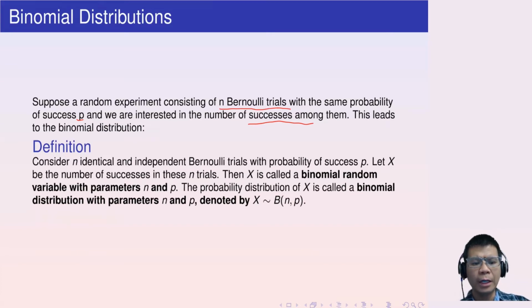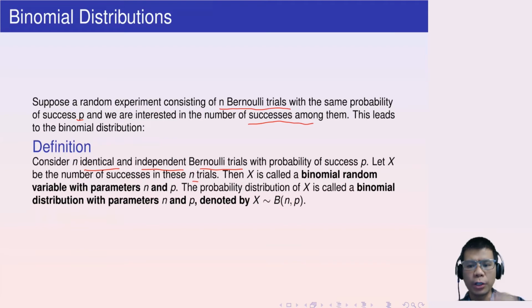Now let's consider this definition. Consider n identical and independent Bernoulli trials with probability of success P. If you flip a fair coin, the trials are always independent and identical, and the probability of success is the same. Let X be the number of successes in these n trials.